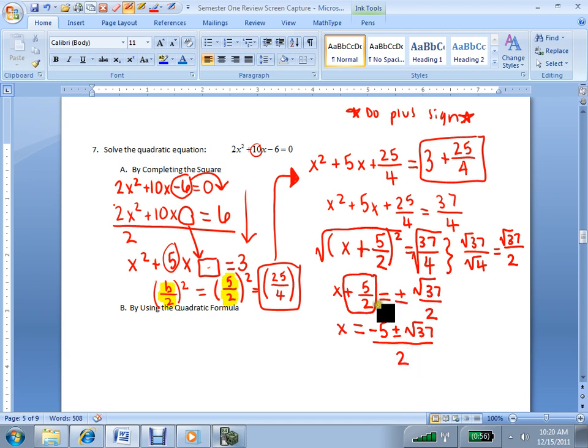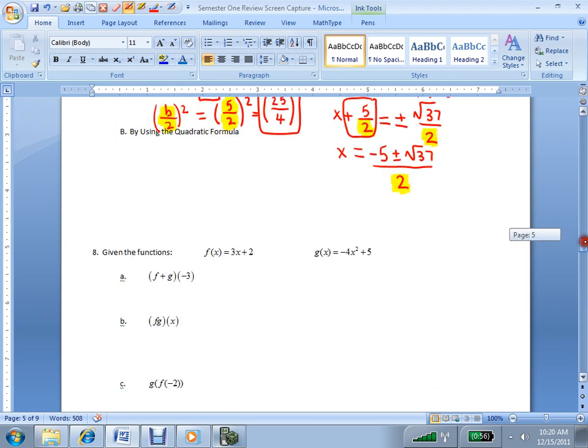And you wouldn't write it as two separate things because this denominator is the same as this denominator, so you're just going to keep 2 as the common denominator. Okay, so that's how you do A.